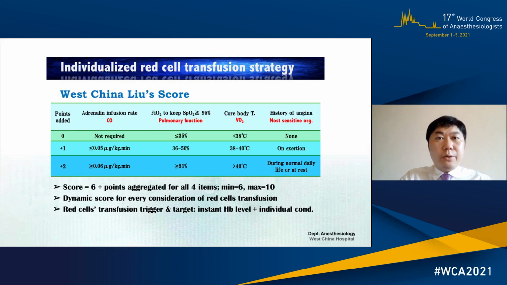The West-China score is proposed to evaluate the red cell transfusion trigger based on each individualized patient status and the patient's instant hemoglobin level, and further to determine the target hemoglobin level on the basis of this evaluation. So it's a score for determining red cell transfusion trigger and target.